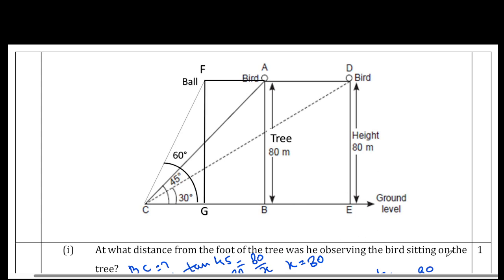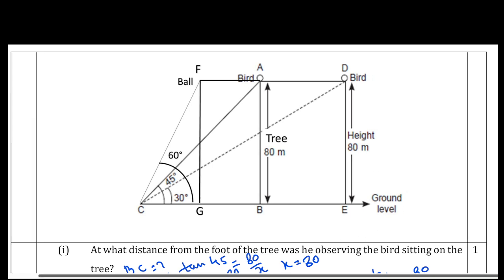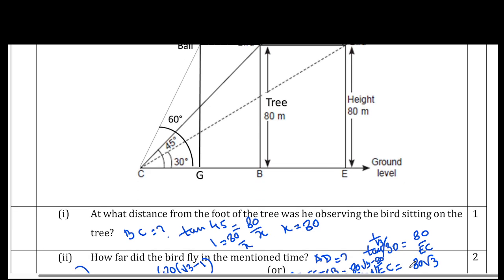So at what distance from the foot of the tree was he observing the bird on the tree, means at what distance was the tree, that is BC. So tan 45 degrees, you can calculate: perpendicular upon base, 80 upon BC. So what is the value of BC? tan 45 is 1, so BC will be 80.